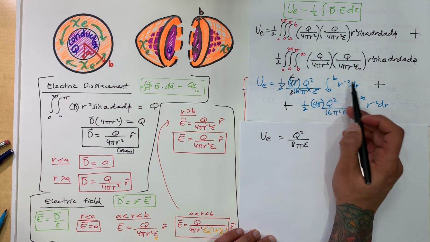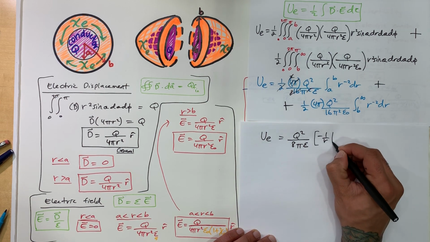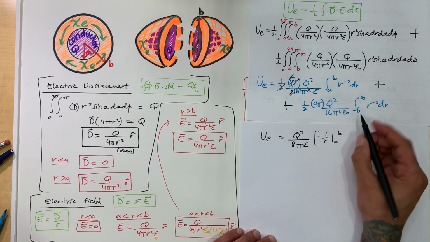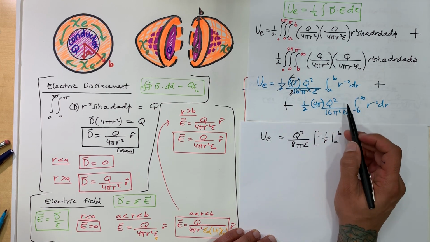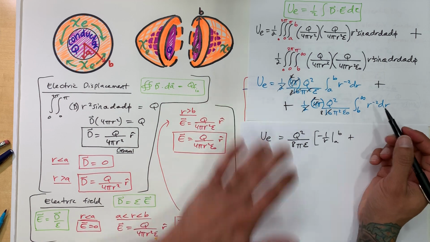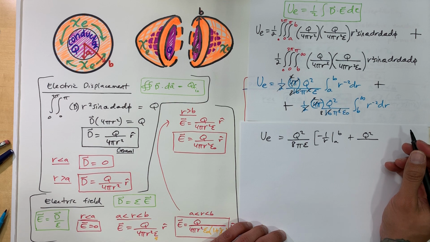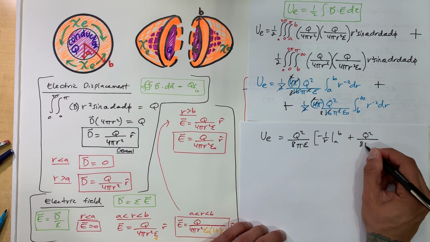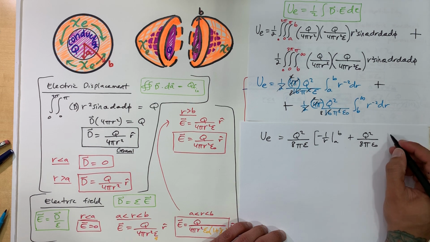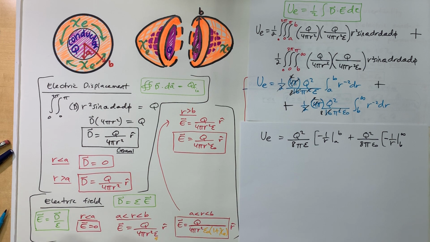This integral right here is gonna be negative 1 over r evaluated from A to B, plus, I think this simplification is the same, so we have q squared over 8 pi epsilon naught, and this integral here is going to be negative 1 over r evaluated from b to infinity. Okay, so let's evaluate those integrals.